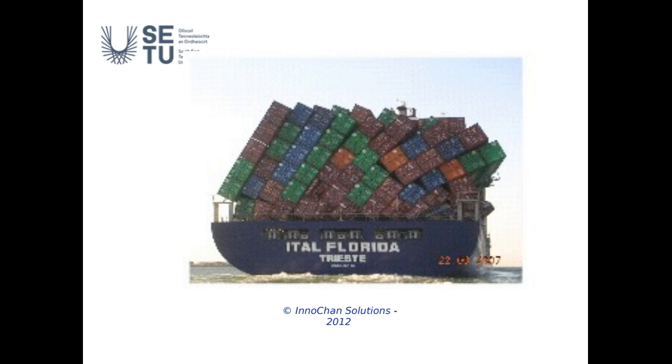But they equally can't mark where it is. They can say where it fell off, but they can't say where it is now or in an hour's time because the container's floating. So it's going to go with the tide. It's going to go with the current, which makes it difficult for shipping.